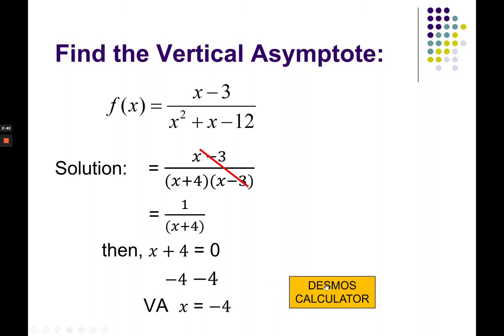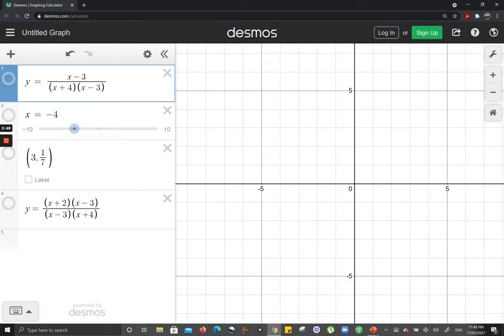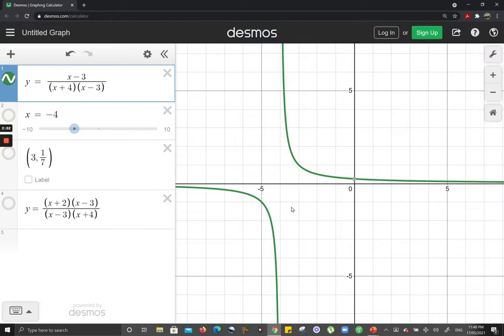If you are going to check on your Desmos calculator, here is your factored form of your graph. Here is your graph. The vertical asymptote is located at x equals negative 4. As you can see, by default, the vertical asymptote will not show up.